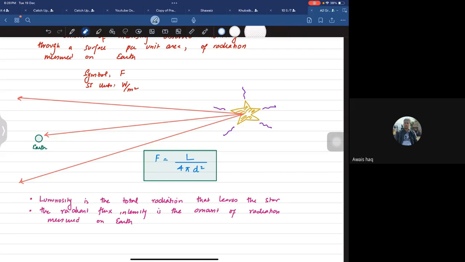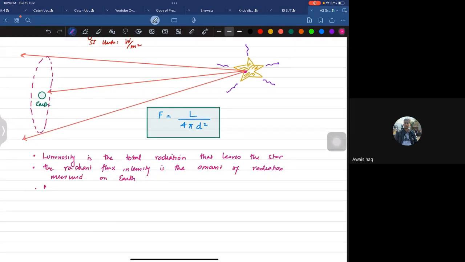Now, as you can see, it starts from a single point, but by the time it reaches us, it has spread too much. As you can see, that becomes a whole big circle. So by the time radiation reaches us, it has spread out by a huge amount.